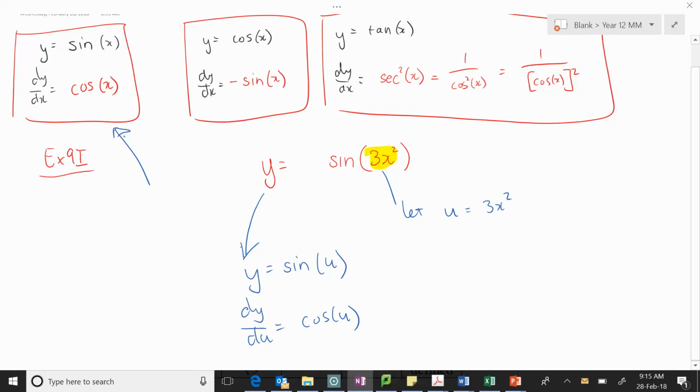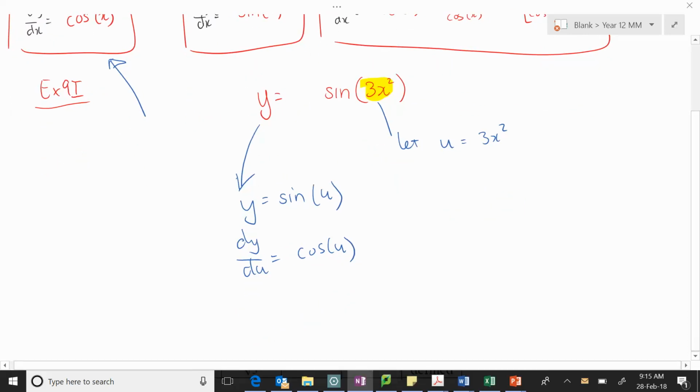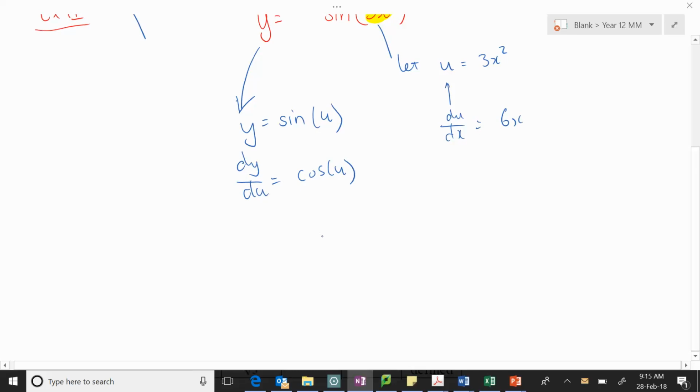So that was nice. But remember, when you're using chain rule, you find dy/du, you also need to find du/dx. So right here, you've got the change of u, so du/dx. What's the derivative of 3x squared, Mazen? 6x, fantastic. So now I'm going to use the chain rule. The chain rule says dy/dx is equivalent to dy/du multiplied by du/dx.